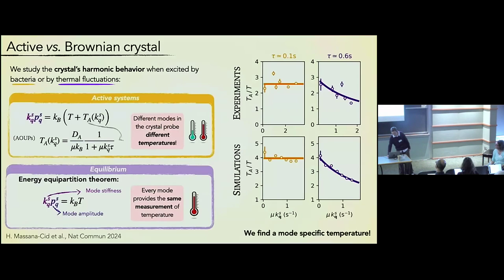So meaning that shorter wavelengths have lower active temperatures, right? So longer, sorry, I'm a bit dyslexic. Longer wavelengths are hotter, yes.